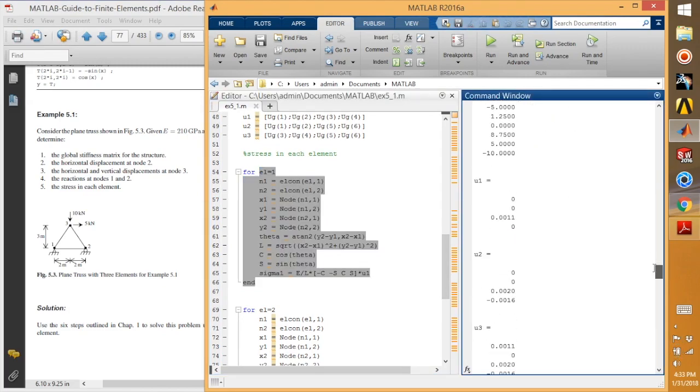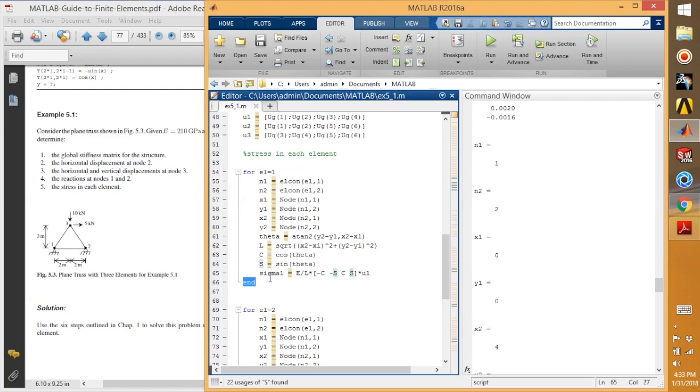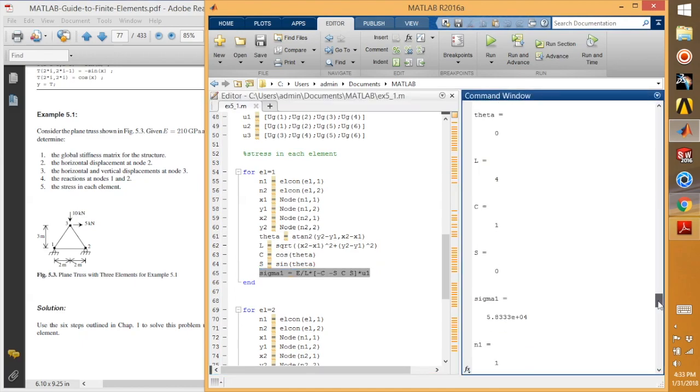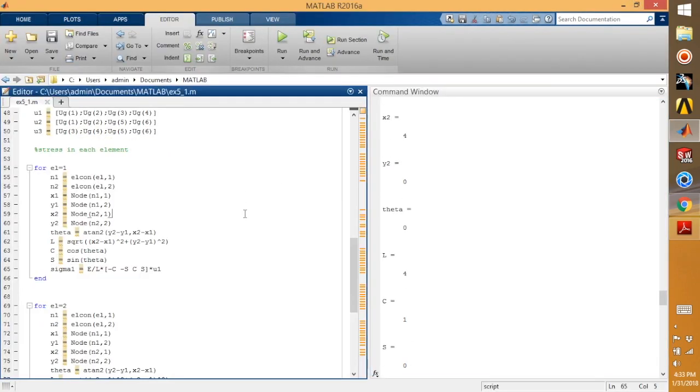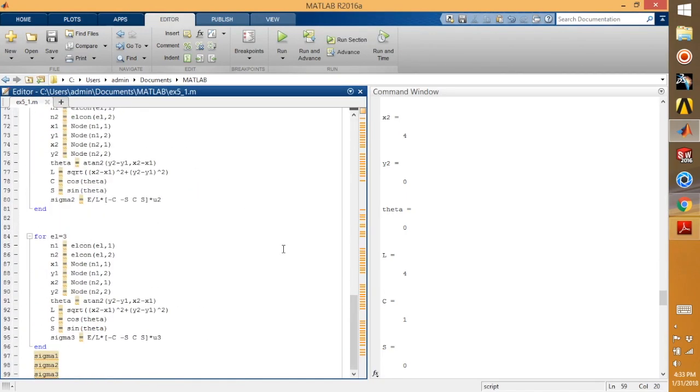What this for loop is doing is it's taking the element 1, finding node 1, node 2, x1, y1, x2, y2 and theta, and then substituting all these values over here, which gives us the value of 5.833. So just a simple code like this, you can use it to solve problems of plane truss elements using MATLAB.